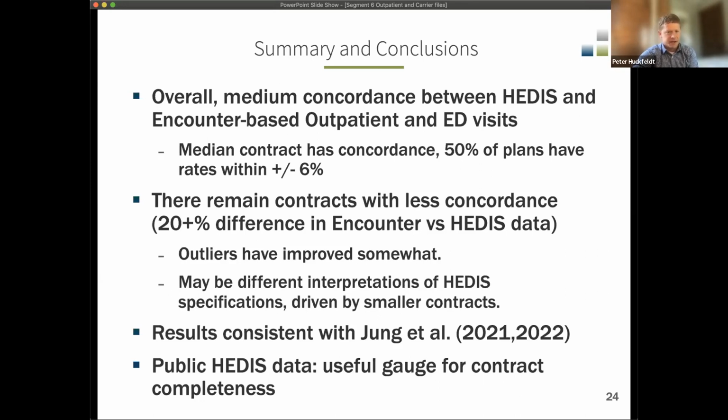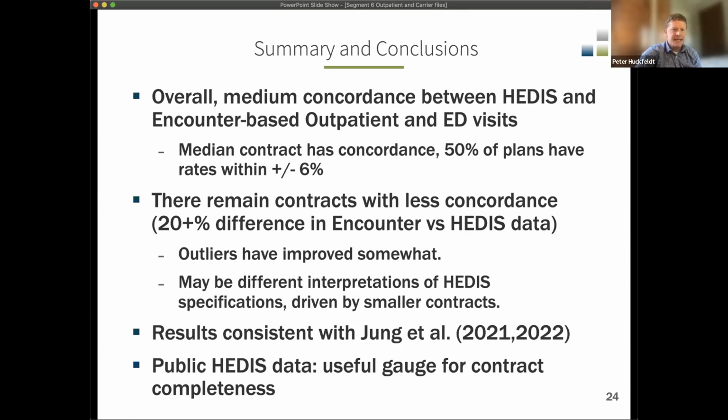So that could introduce some noise into this analysis. But generally, I think our results are pretty consistent with some of the work that Jia Zhang has published recently. I think she uses slightly different methodology, but our results are pretty similar.